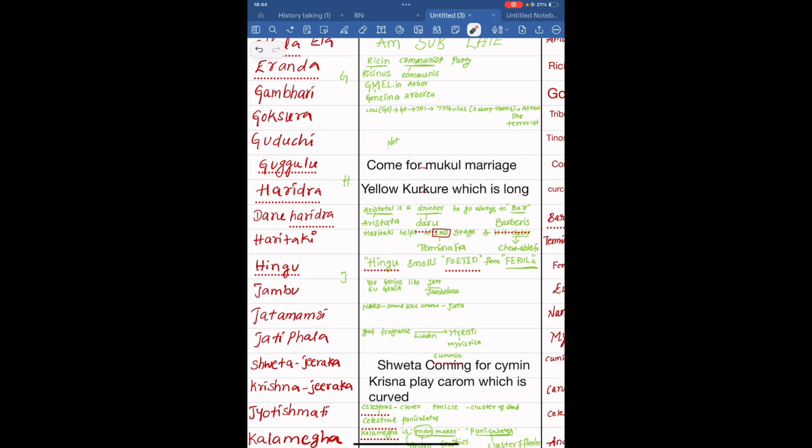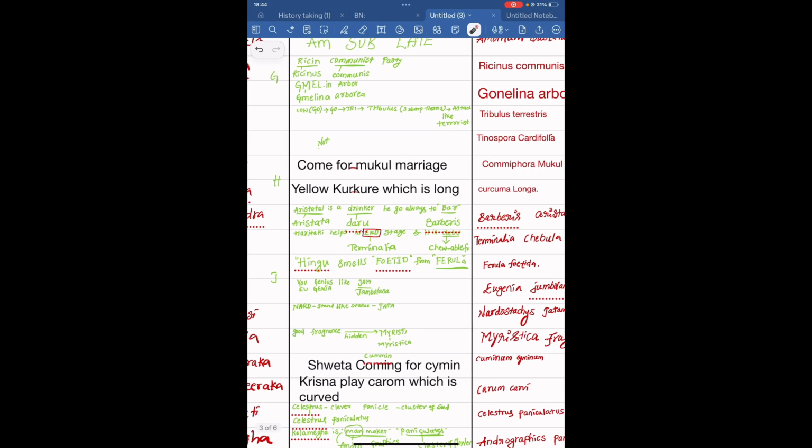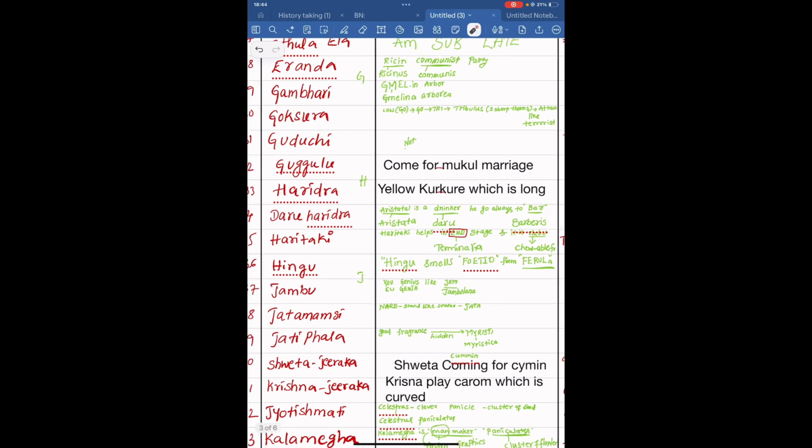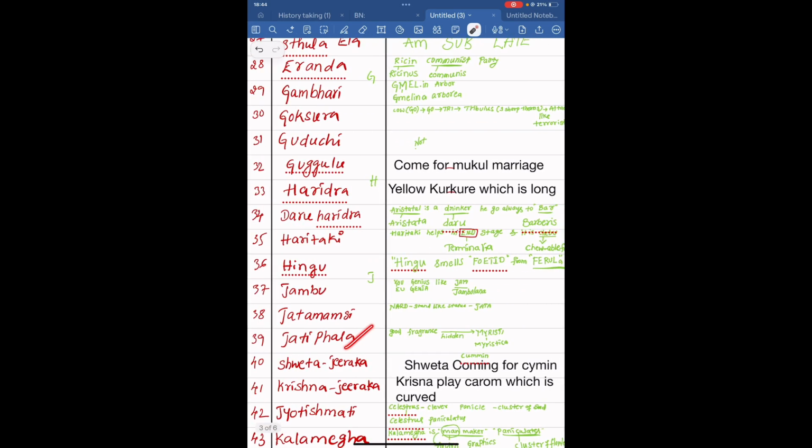For Jatamansi, it is "narrow stand like a statue." So it gives Jatamansi: narrow statues, Jatamansi. Next, Jatiphala. Jatiphala has a good fragrance.